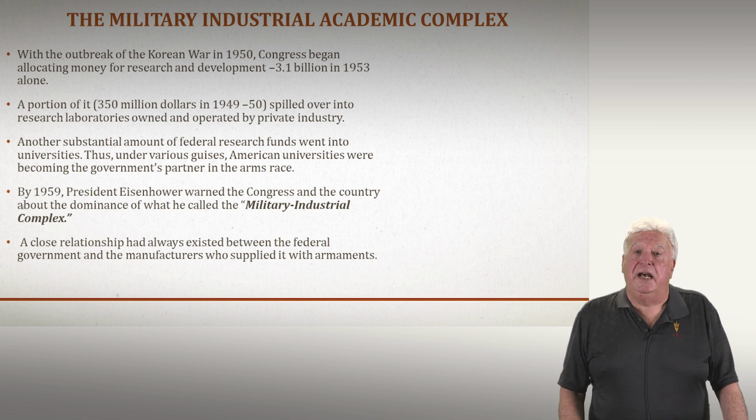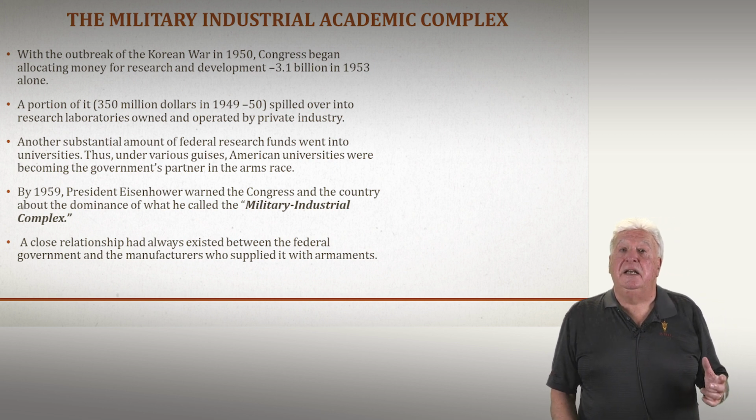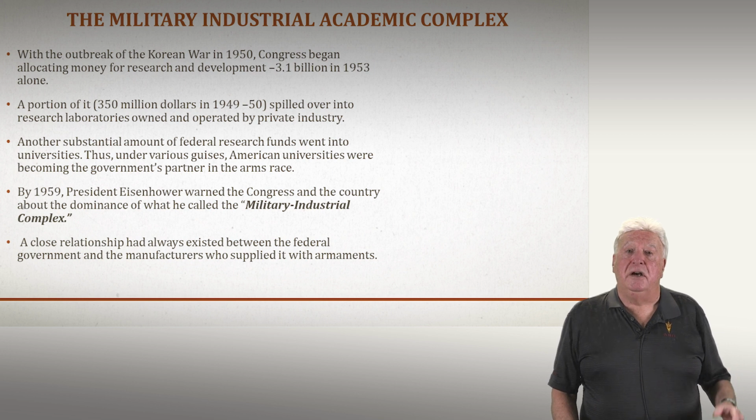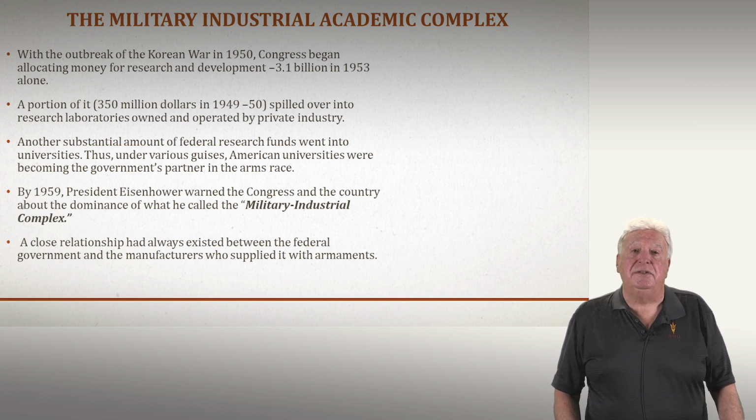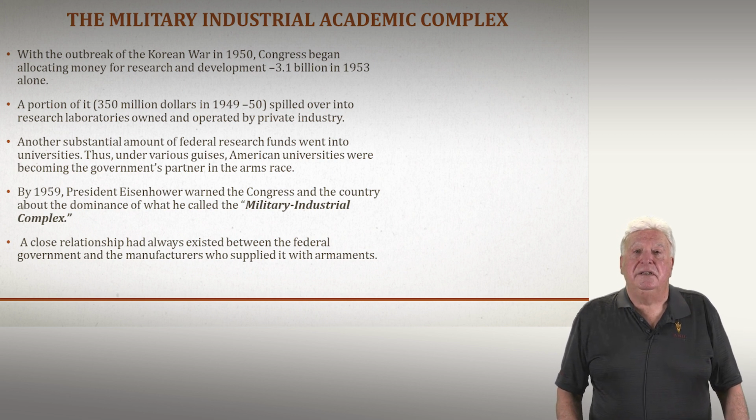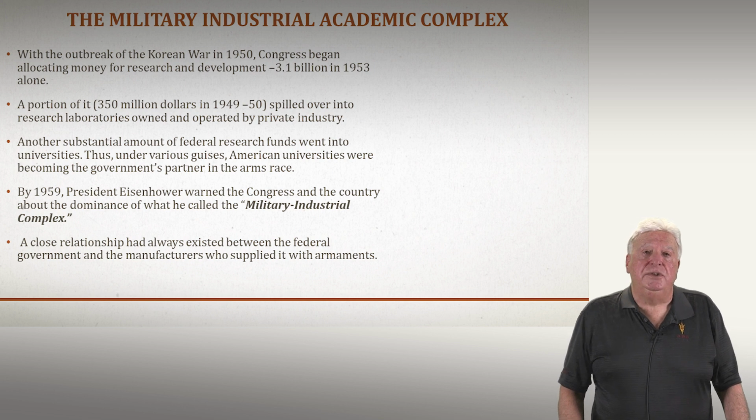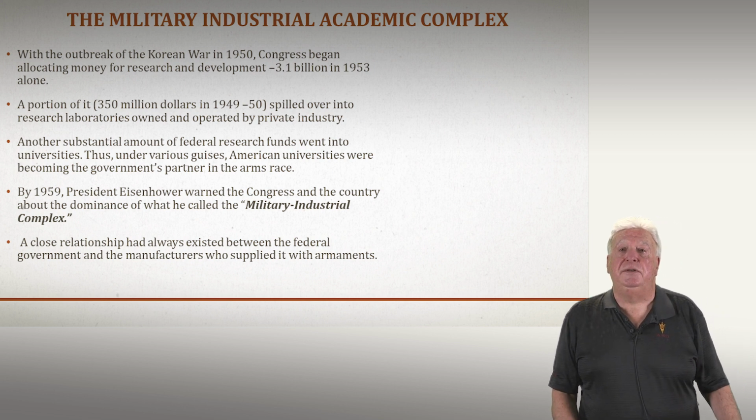Thus, under various guises, American universities were becoming the government's partner in the arms race. By 1959, when President Eisenhower warned the Congress and the country about the dominance of what he called the military-industrial complex, the federal government, in the name of military security, was calling a very large number of tunes.